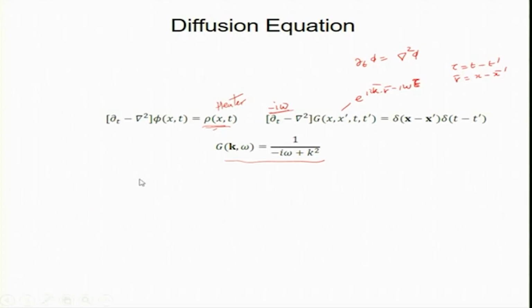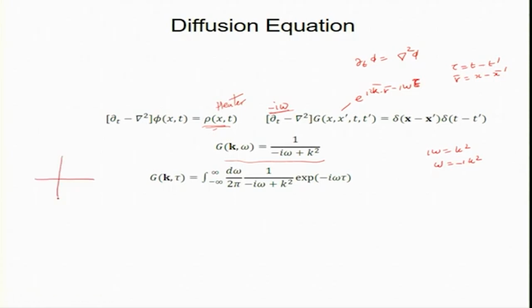So, where is the pole? For the d omega integral here the pole is at i omega equal to k squared, omega equal to minus i k squared. So, the pole is on the negative imaginary axis, with omega real and imaginary omega.